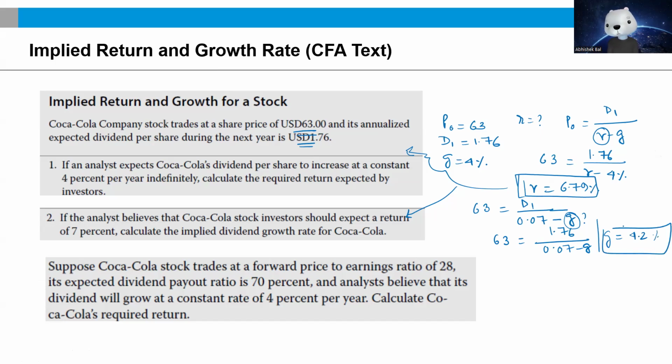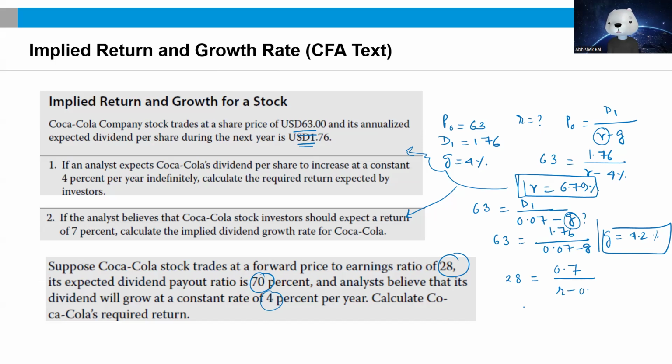Okay. The next question asks, suppose Coca-Cola stock trades at a forward price to earnings ratio of 28. Expected dividend payout is 70%. Dividend will grow at 4%. Calculate Coca-Cola's required return. So again, three are given, the fourth one is to be found out. 28 is equal to 0.7 divided by R minus 0.04.